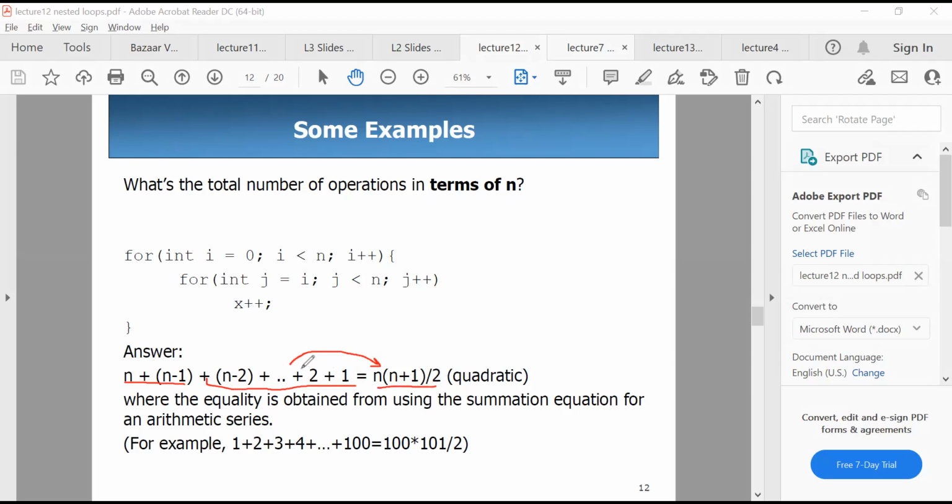How did we manage to reach from this kind of formula to this? Do you know? Is it difficult? Okay, no problem. Then I would use this slide.